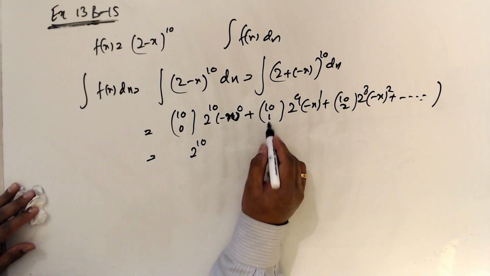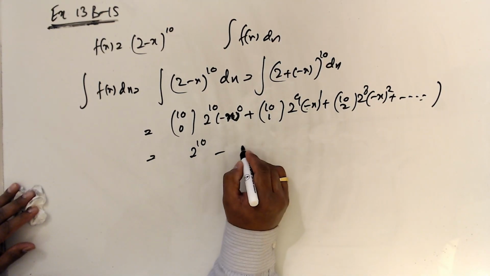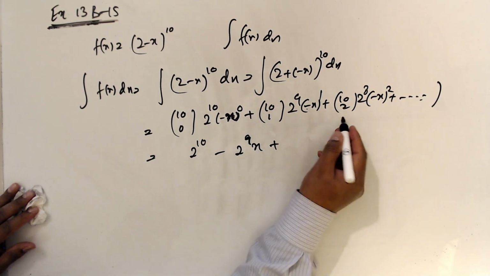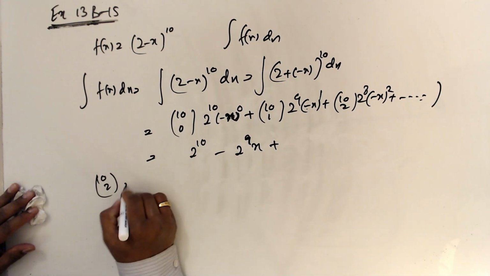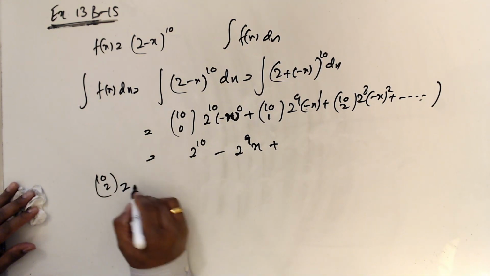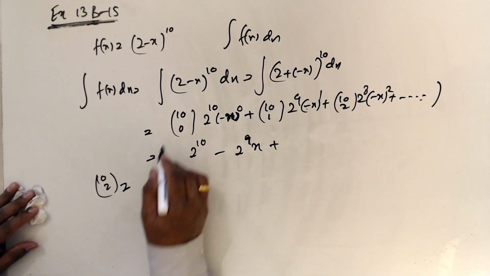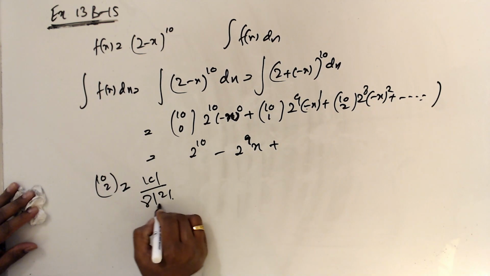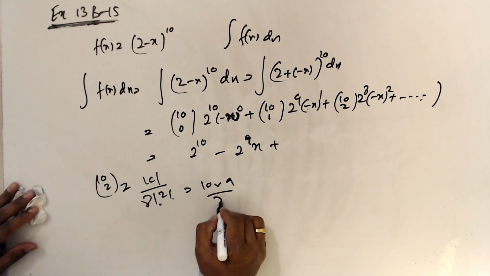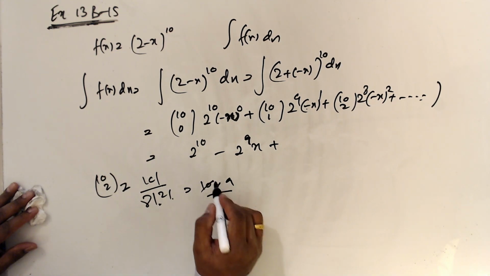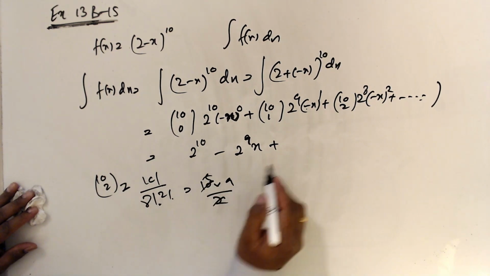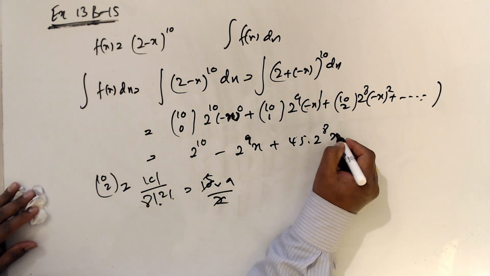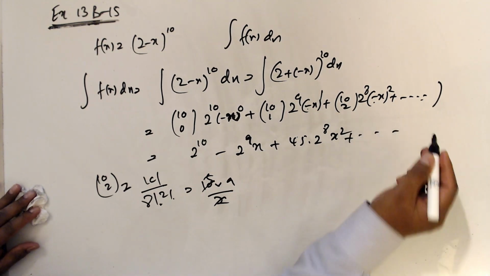The next one is 10 times minus 2 to the power 9 x. Then 10C2 is 10 factorial over 2 factorial 8 factorial, so 10 times 9 divided by 2, which is 45, times 2 to the power 8, x squared.